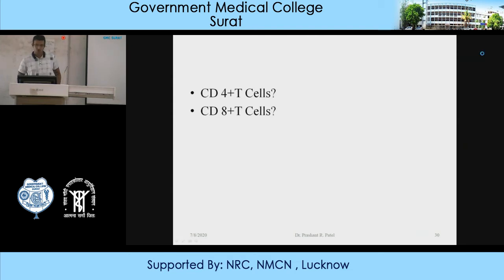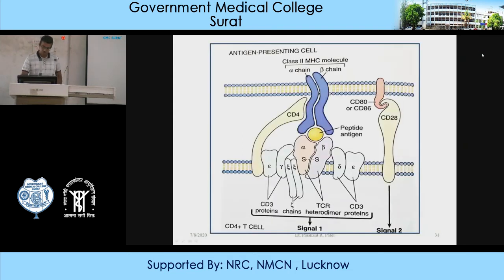This is the diagram which shows the T cell receptor complex. This T cell receptor complex is made up of alpha and beta heterodimers which are bound with each other by a disulfide bond. Along with these alpha and beta subunits, there are two sets of accessory proteins, CD3 and epsilon chain. These are present in the T cell receptor.